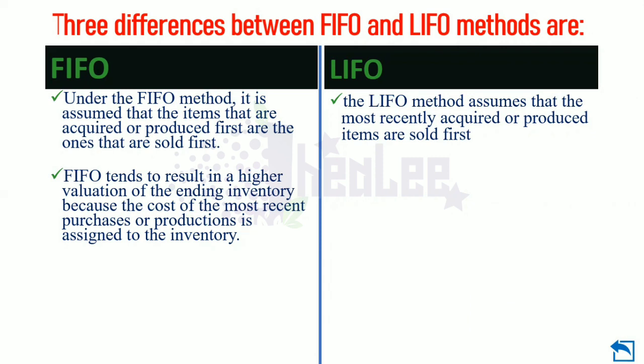And because you are selling those items that were purchased first, those would have the lower cost. So what will be remaining in the business are the ones that you have purchased at a higher price. Therefore, your ending inventory would be higher.